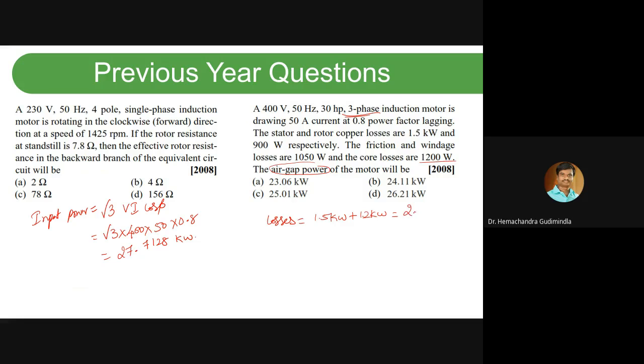So we will get 2.7 kilowatts. Now air gap power is equal to input power minus losses. 27.7128 minus 2.7. How much will we get? We will get 25.01 kilowatt. So option C is the correct one.